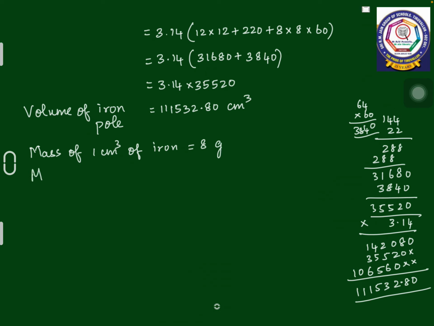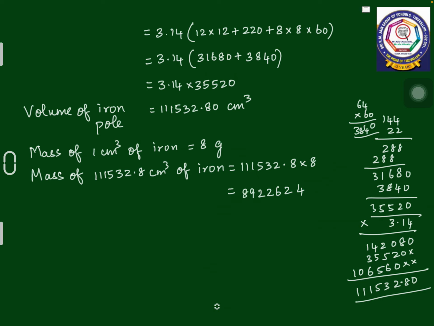What is the volume of the pole? 1,11,532.8 centimeter cube of iron is equal to 1,11,532.8 into 8.